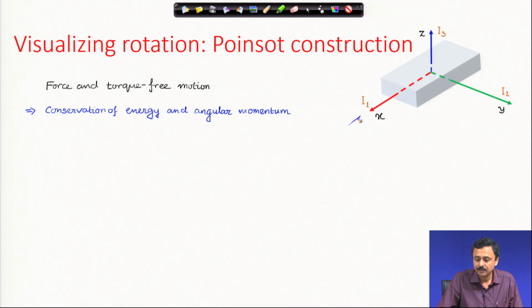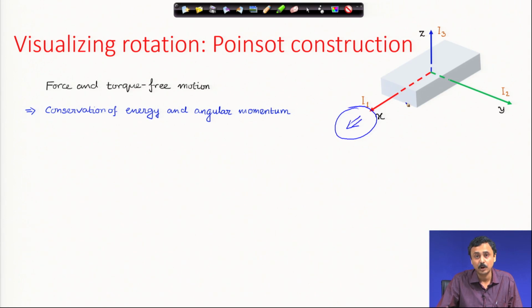In other words, if I give a spin about the x axis, since we have torque free and force free motion, however it precesses, its angular momentum is going to point in this direction only, in absolute space, because the frame is body fixed.